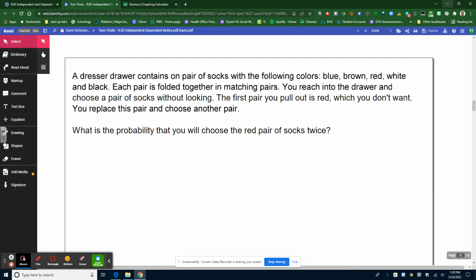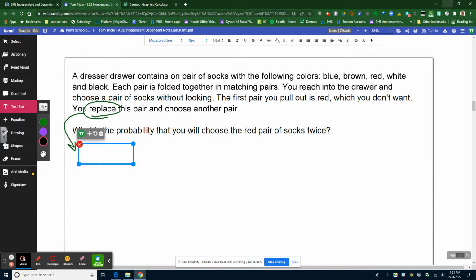Did they put it back or keep it out? Where does it say that? With replacement indicates that these are independent. It's like you never took that one out in the first place. So each time we pull out is independent of the prior one.